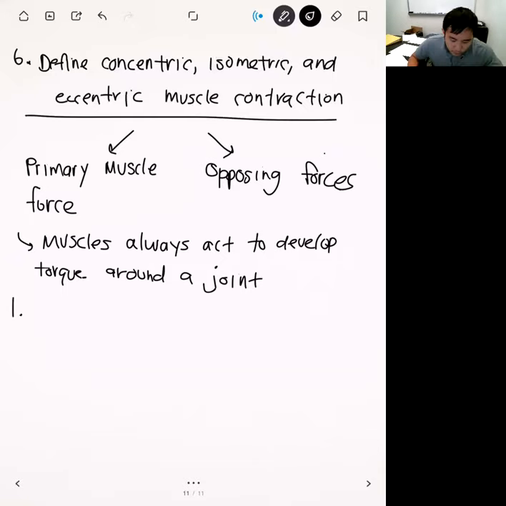First we have concentric muscle contraction. In concentric muscle contraction, the primary muscle torque is greater than the opposing torques.